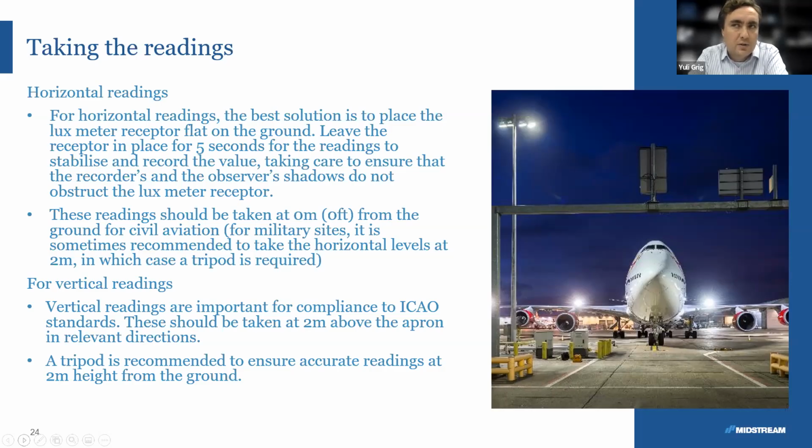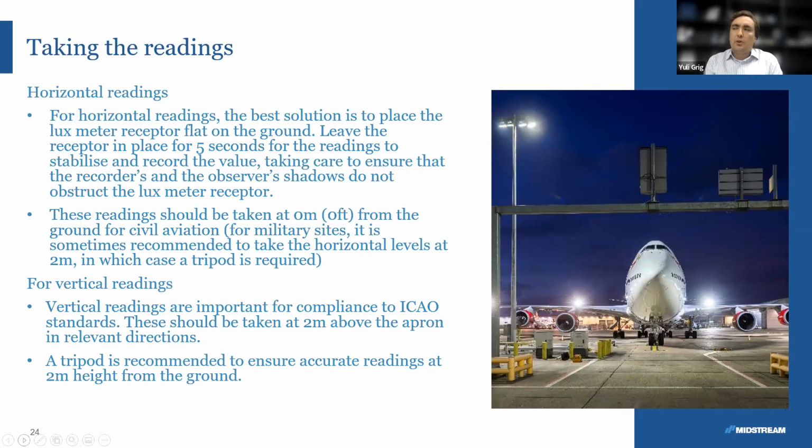In that case, you need a tripod. But in most civil aviation applications, horizontal readings are best placed on the floor with the receptor flat to the ground. We should leave the receptor in place for about 5 seconds for the readings to stabilize. So don't just have a look at it, write down the first number and move on. Wait for it to stabilize, 3 or 4 or 5 seconds is usually enough, and then we record the value.